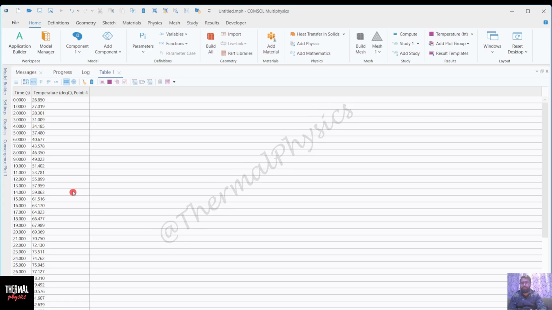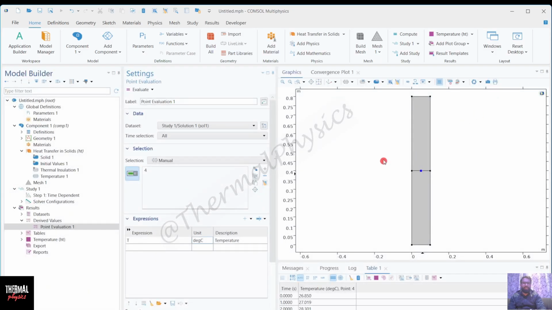These are the temperatures at this midpoint at initial time, then after 1 second, 2 seconds, 3 seconds, 4 seconds. Our time is 20 seconds, so we'll go to 20 seconds. We can see that after 20 seconds the temperature is around 69 point something, which we can write as approximately 70 degrees Celsius.